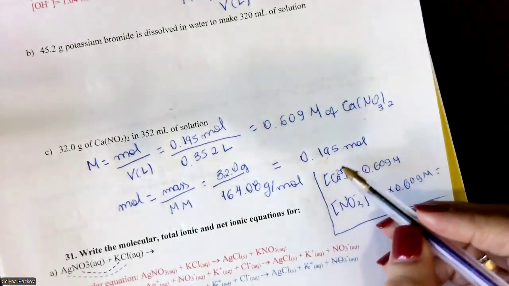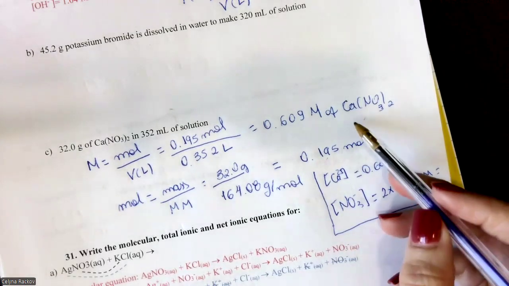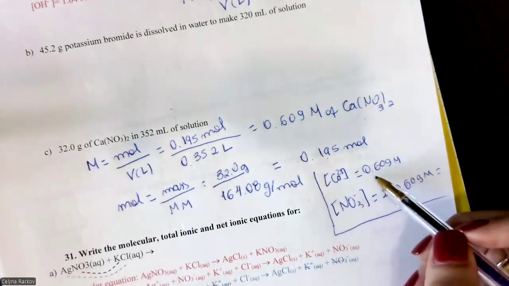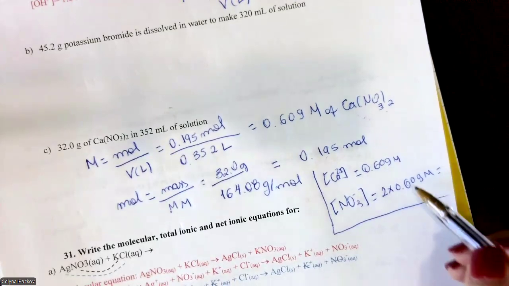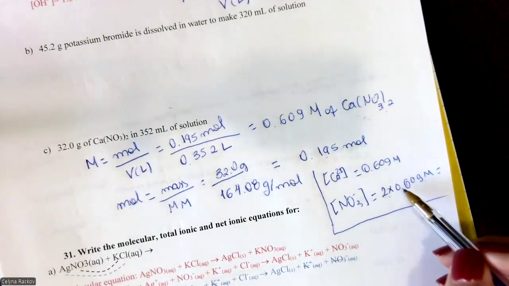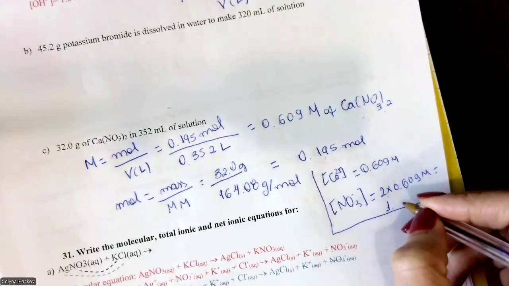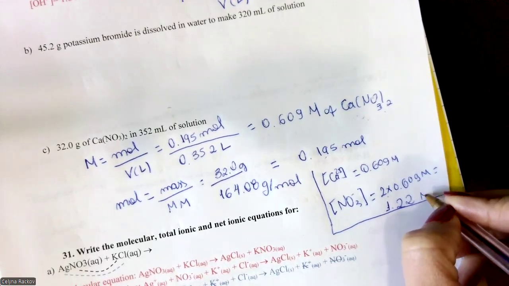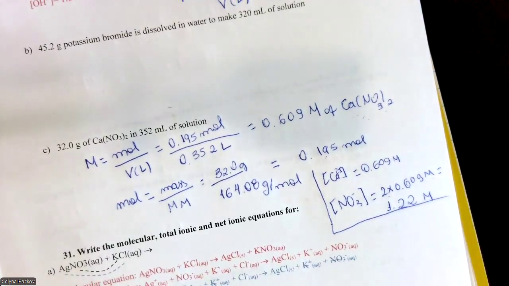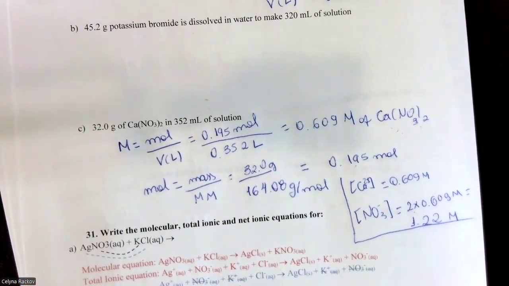The molarity of the calcium ion is 0.609 molar because we have just one calcium here. And the nitrate ion, we're going to multiply this by 2. So it's going to be 1.22 molar.